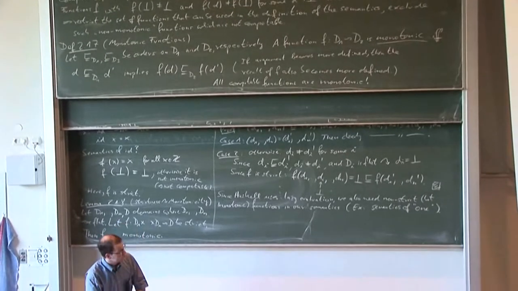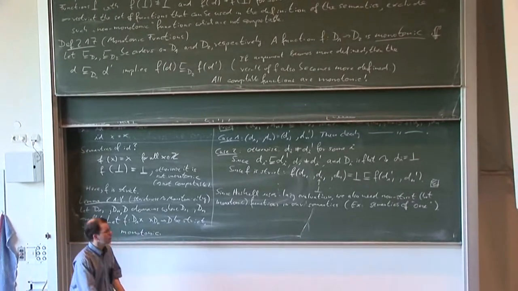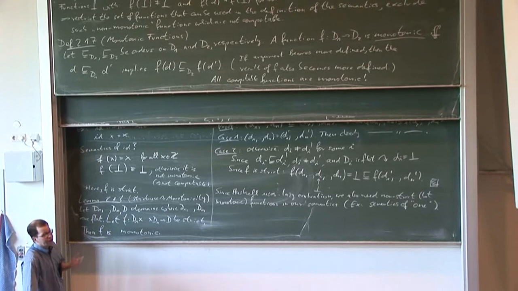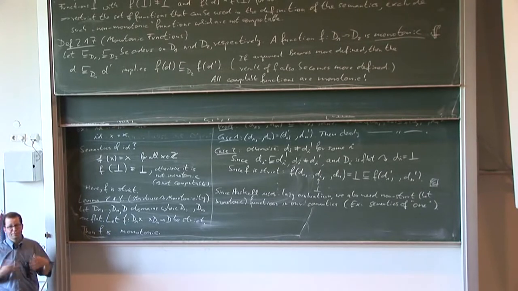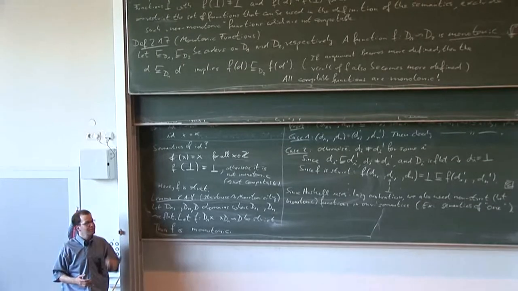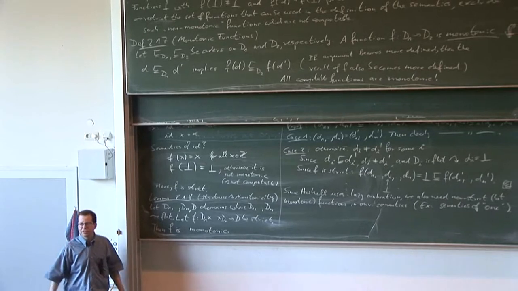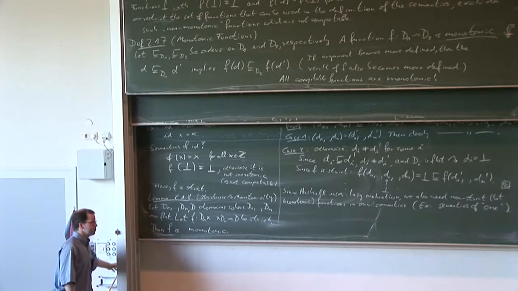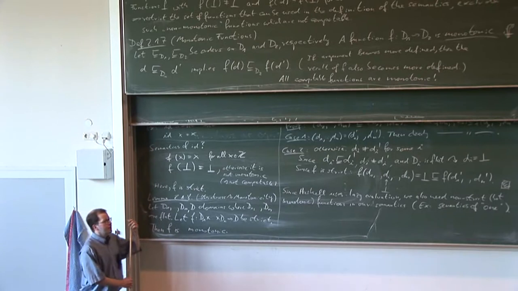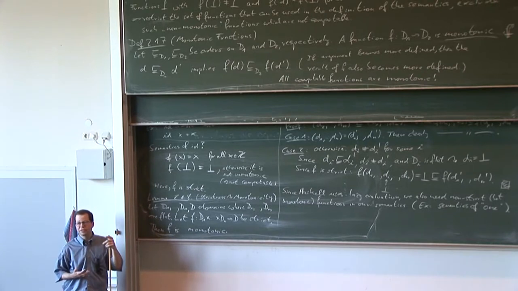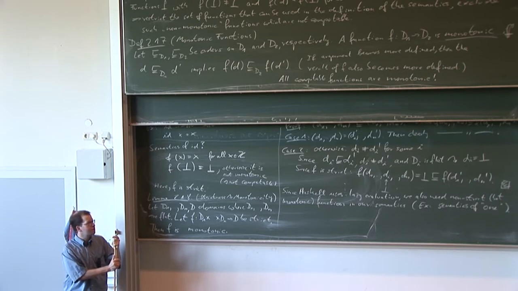Okay, so now the question is, we now know that we will only look at monotonic functions. We will later on see that this is still too much. We will restrict ourselves a bit further later on. But then still the question is, how can we now find the semantics? I mean, for this function 1, it is rather obvious how the semantics should be defined.